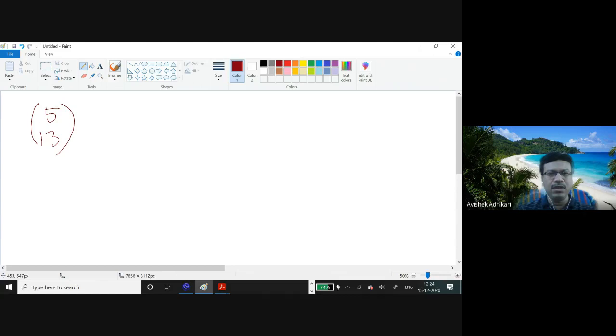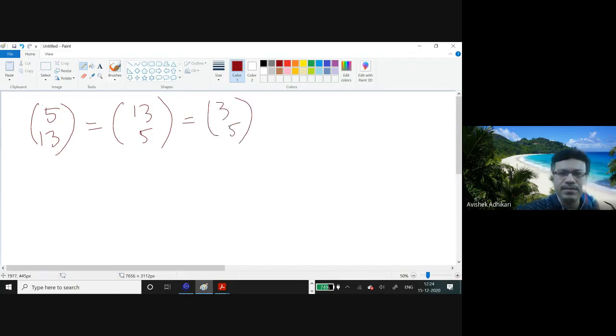We know that 5 is 1 mod 4, so this value is the same as (13/5), which is the same as (3/5), and that is 3 to the power (5 minus 1)/2, that means 3 squared modulo 5, which is 9, that means minus 1. So it's very easy to calculate using the law of quadratic reciprocity.